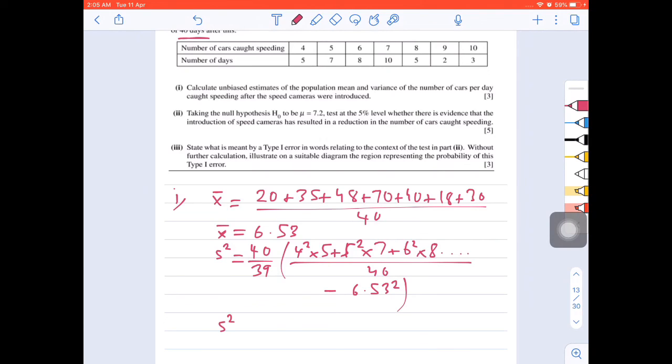So this, I'll do it directly in the calculator. It's coming equal to 2.87.